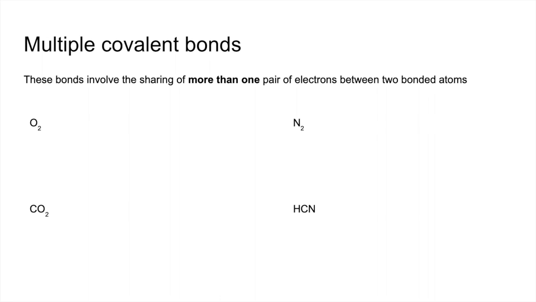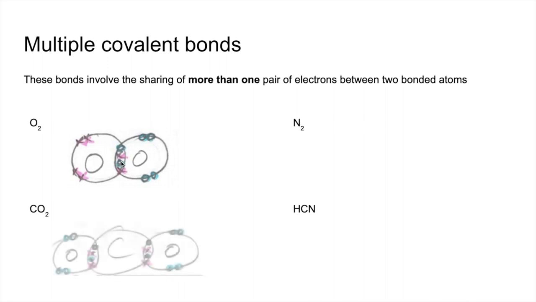So oxygen first, we've got a double covalent bond between the 2 oxygen atoms. So you can see to make it work, so in other words have 8 electrons in the outer shell of each atom, we've got to put 2 electrons each into the overlap, the shared part. So each atom is sharing 2 electrons, hence that's a double covalent bond.